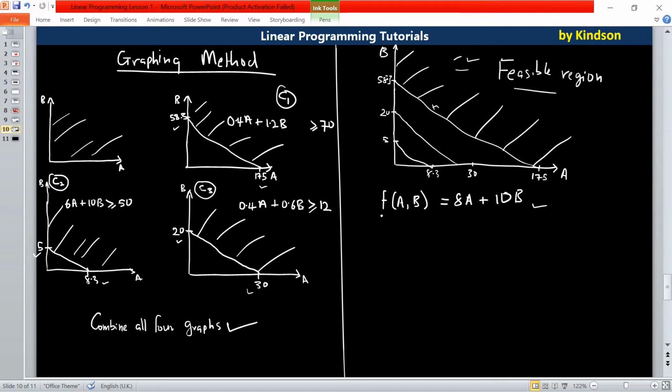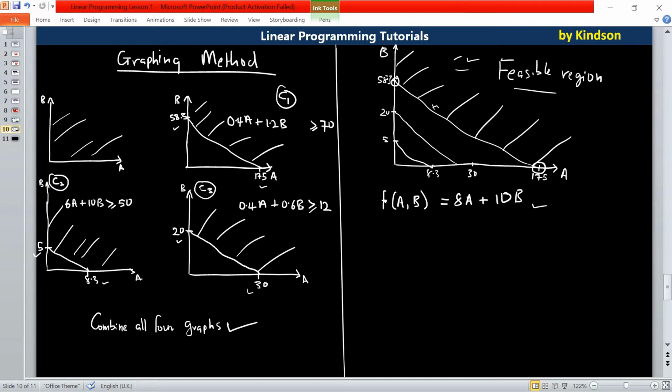So in this line we have 2 points. The first point is this, right? And the next point is this. So either of these 2 points has to be the minimum. So let's see.